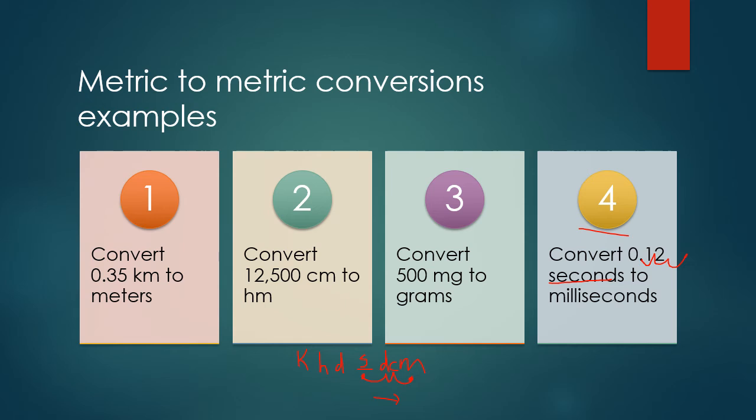What's going to go in that empty space is a 0. So 0.12 seconds is going to equal 120 milliseconds. So all you have to do is just move the decimal point. We'll work through more problems during class.